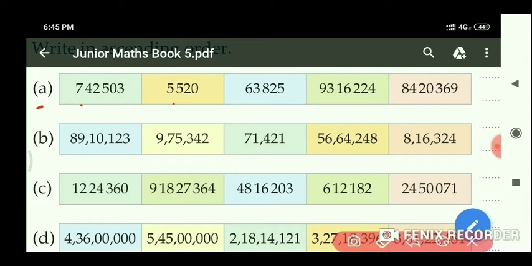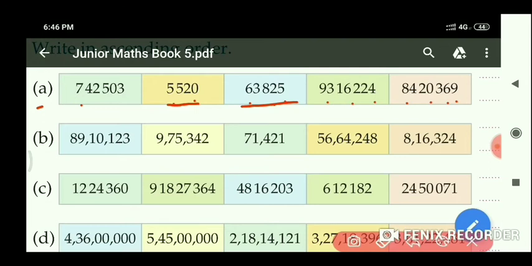Second number 5,520. It is 63,825. 93 lakh 16,224. 84 lakh 20,369. Simply you can see the second number has up to the 1000 place only, the third number 10,000, and the other numbers have 10 lakh, and one has the lakh place.